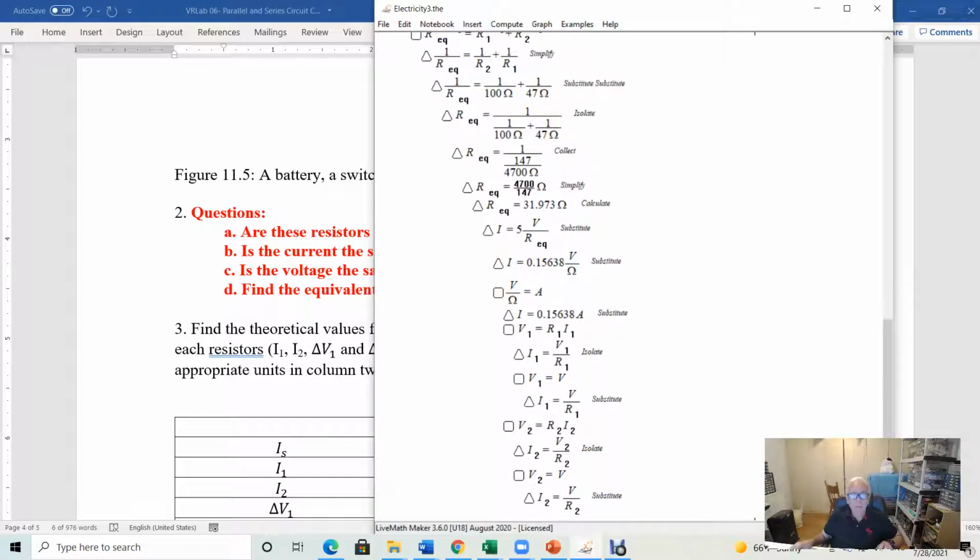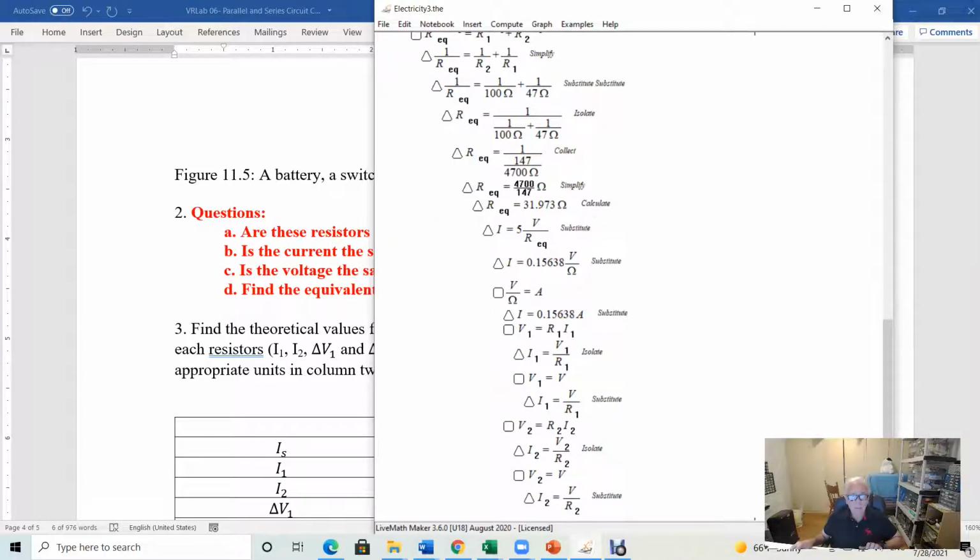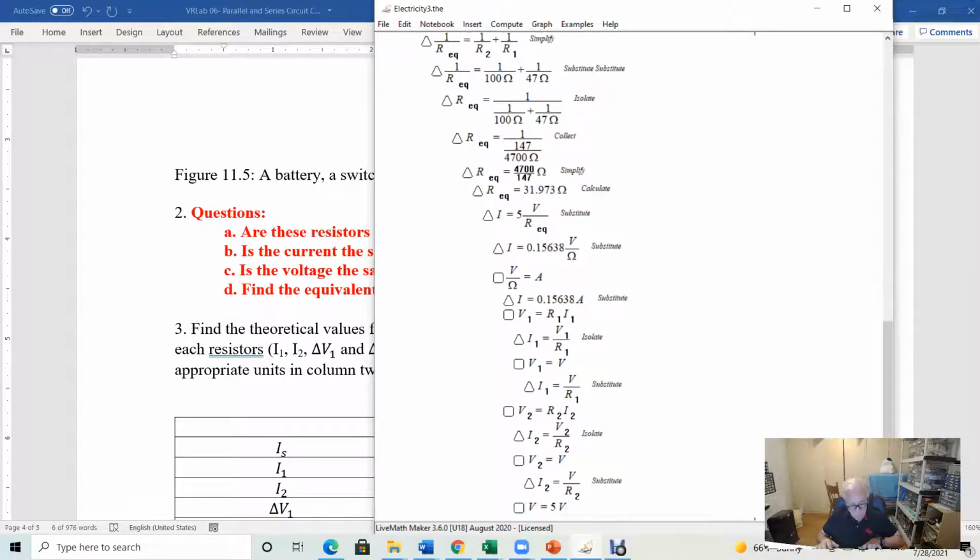I'm going to copy this one and keep it closer. V2 is equal to V. Let's see here.